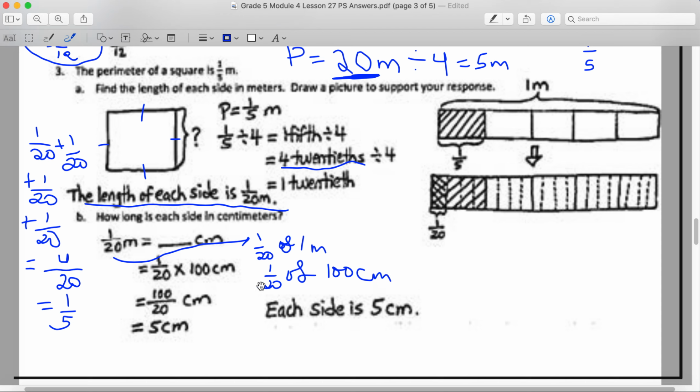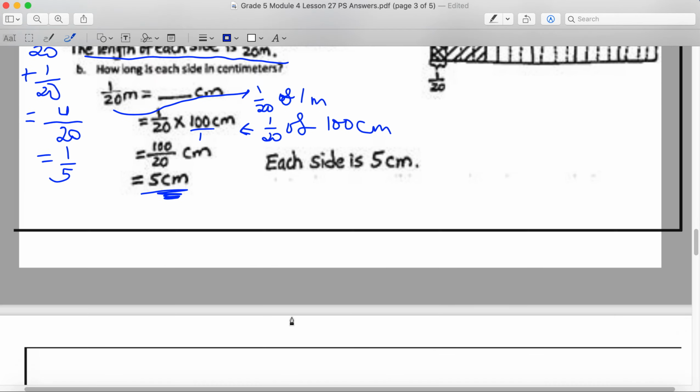So 1/20 times 100 centimeters: you can put this over 1. 1 times 100 is 100. 20 times 1 is 20. And 100 divided by 20 is 5 centimeters. So each side is 5 centimeters. Okay? All right, let's keep going.